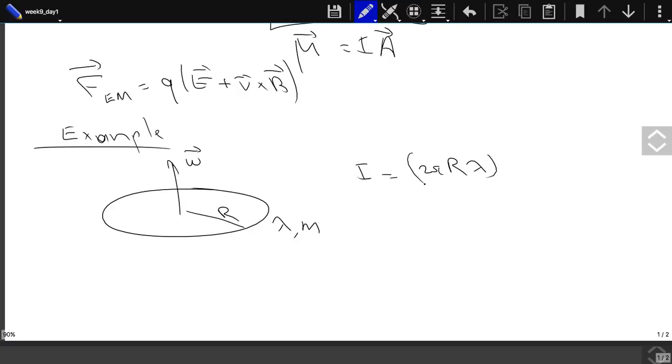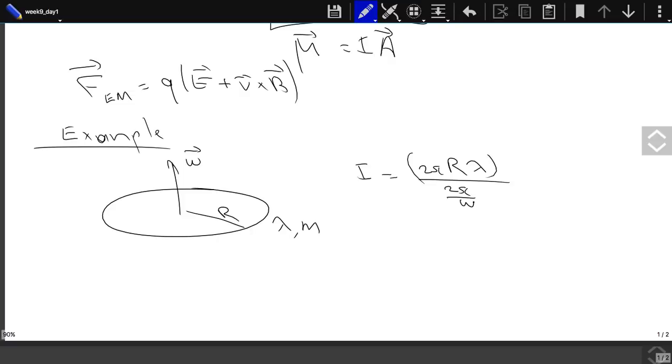This is the total charge that will pass through a chosen point in one period. Well, one period lasts 2 pi over omega. This is the length of the period.